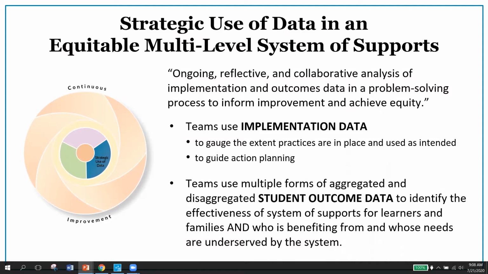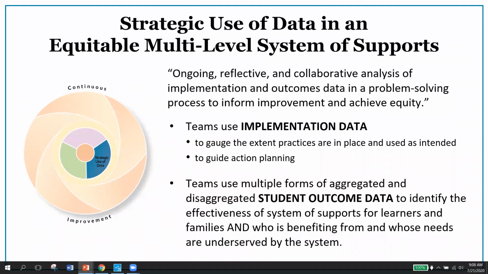Additionally, teams use multiple forms of aggregated and disaggregated student outcome data to identify the effectiveness of system of supports for learners and families and who is benefiting from and whose needs are underserved by the system.